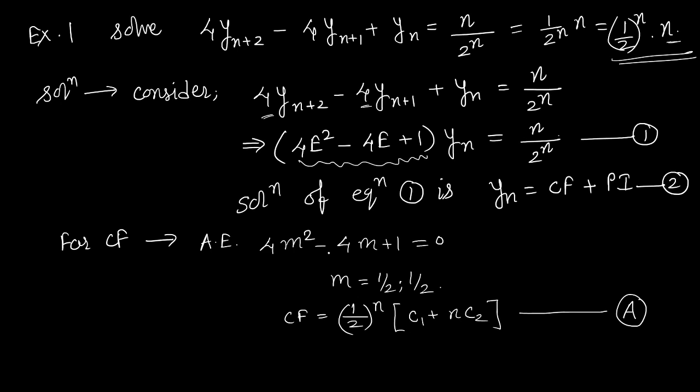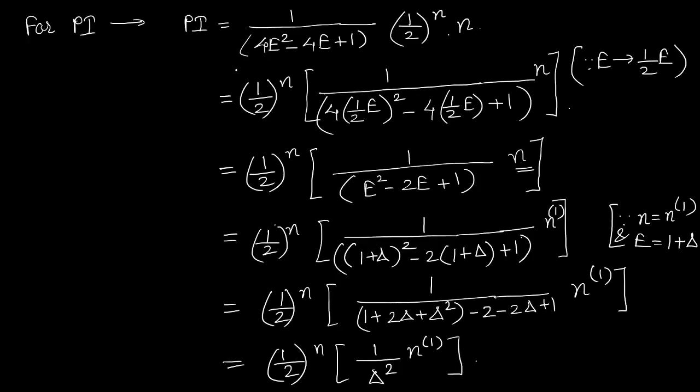Therefore, we get 4m square minus 4m plus 1 equal to 0. The roots are 1 by 2, 1 by 2. These two roots are equal. Therefore, apply here case 2 of CF. Here (1/2) to the power n into (c1 plus n c2), which is the required CF.